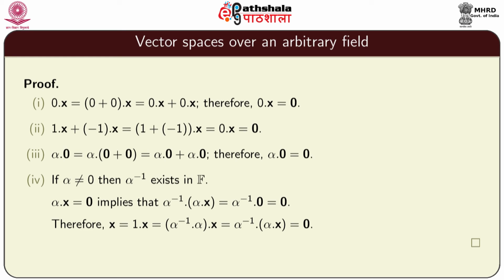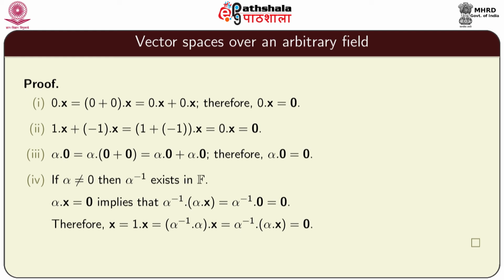Proof is straightforward. You just have to keep the abelian group structures in mind. So, 0 in the field can be written as 0 plus 0, and then you apply the distributive property which shows that 0 dot x is the 0 vector. Same again for 2, it is the distributive property which is being used.